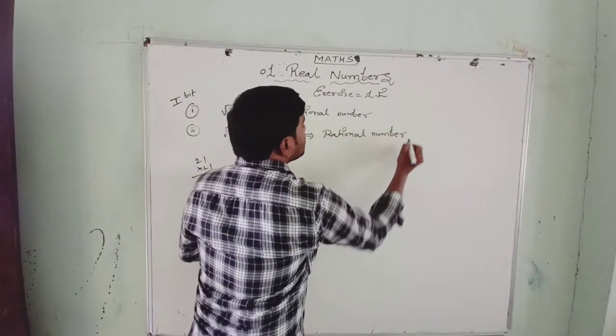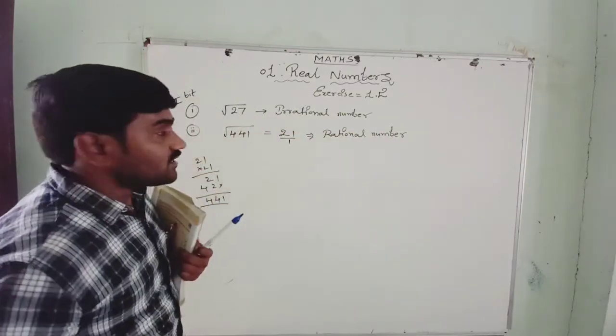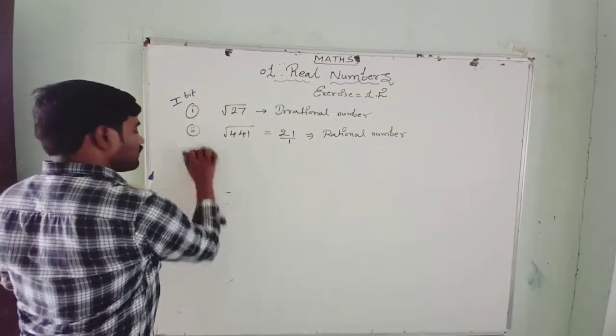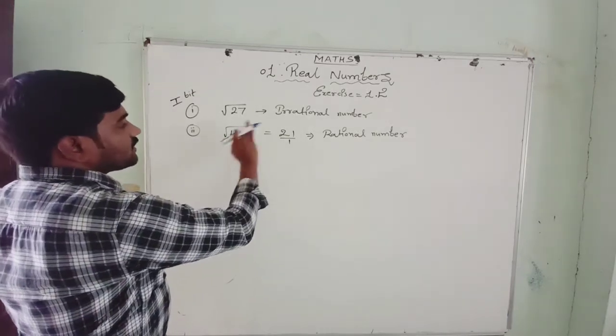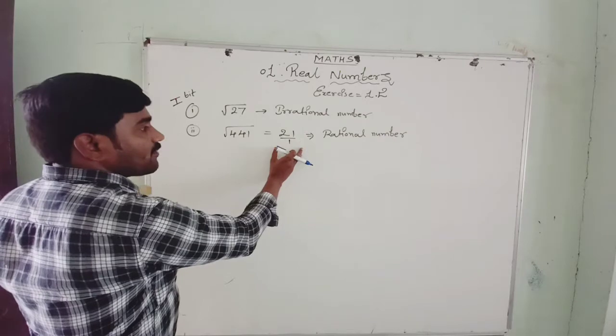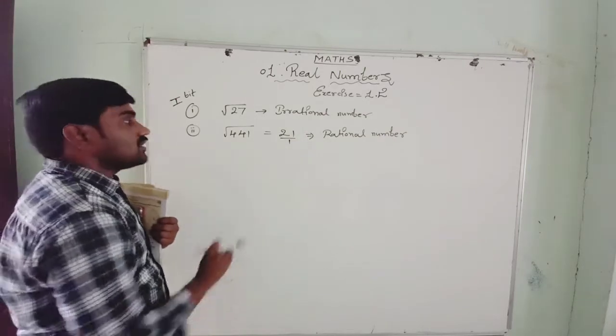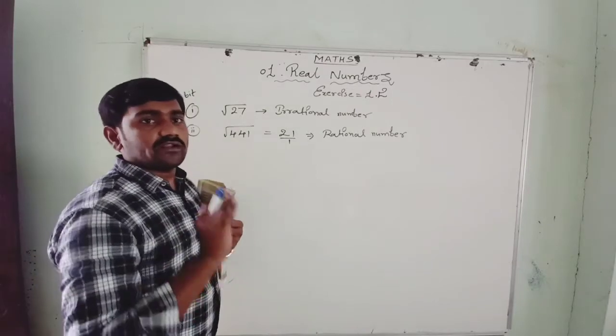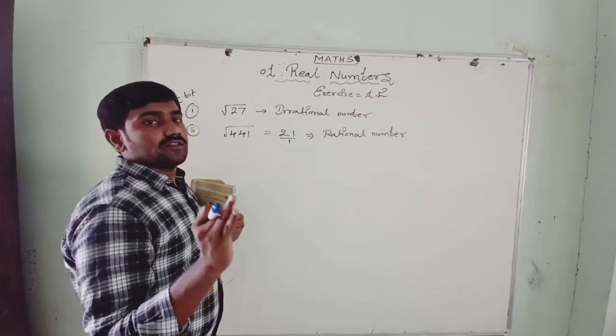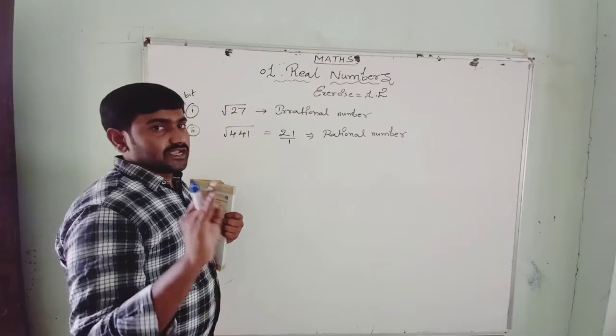So it is a rational number. Why? Because the square root of 441 is a perfect square root number. Perfect square root numbers can be written in the form of p by q, so they are rational numbers. How to know the squares and square roots, cubes and cube roots? I have done videos in the 8th class.